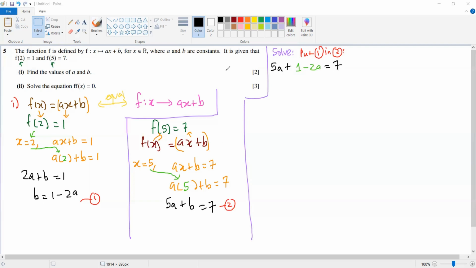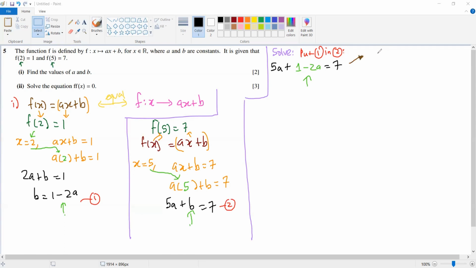You must read it like this: b is being substituted out, so instead of writing letter b, we are writing 1 minus 2a. That's what substitution means at this step. If you look at the three arrows, you should be able to connect the three things and understand this statement.